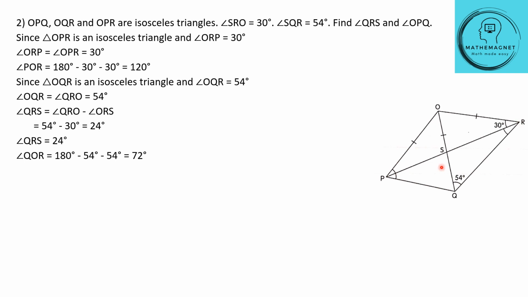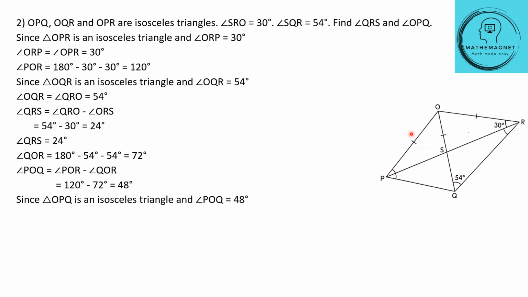Now that we know angle QOR is 72 and we also know angle POR is equal to 120, we can find out what POQ is. So POQ is POR minus QOR. So that will be 120 minus 72, equal to 48 degrees. So we found angle POQ as 48 degrees.